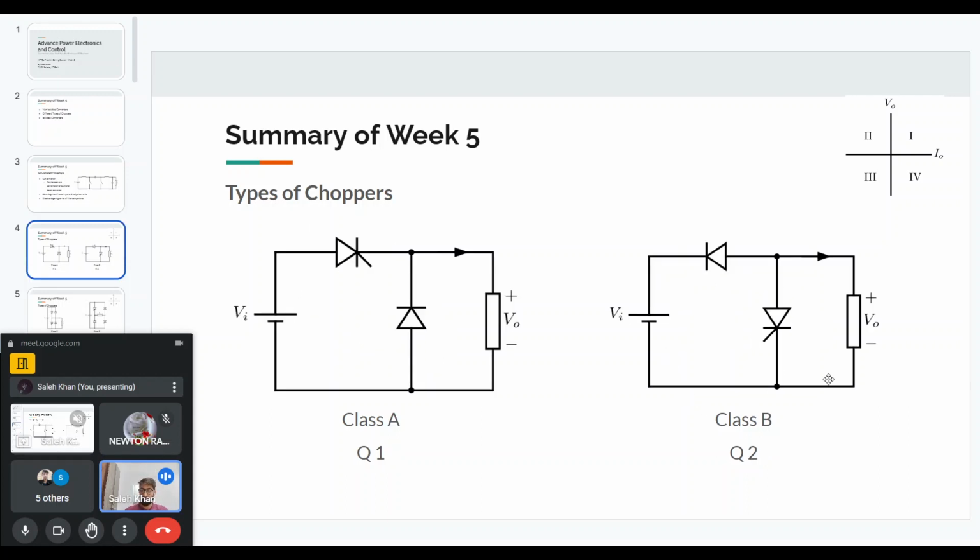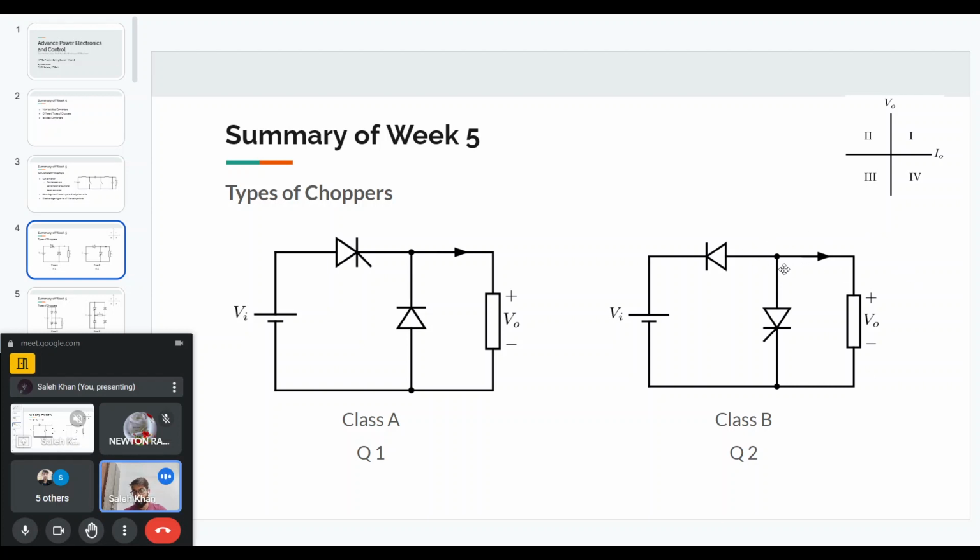But in the case of a class B chopper, the devices are placed in such a way that they only allow a negative current. So they only allow a current that flows from the negative output terminal to the positive output terminal. You can see that if that direction continues, it can then flow through the diode or through the SCR.